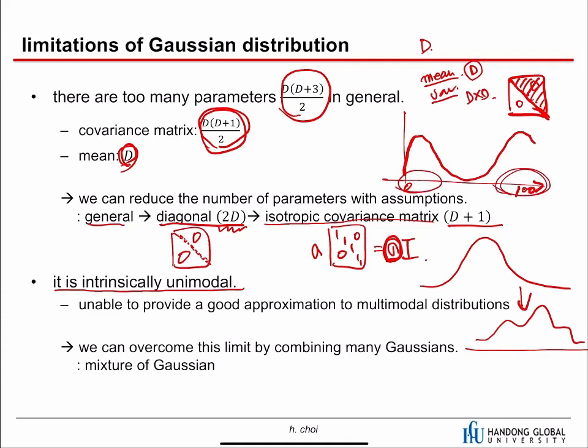Sorry, it's a multimodal distribution; we have two modes here. So a Gaussian cannot model this kind of samples. There's a limit, but we can overcome it by combining many Gaussians. For example, we are going to talk about mixtures of Gaussians later. Basically, if we have this kind of samples, we will use two Gaussian distributions, one for this and the other for this. So we have a mixture of two Gaussian distributions.